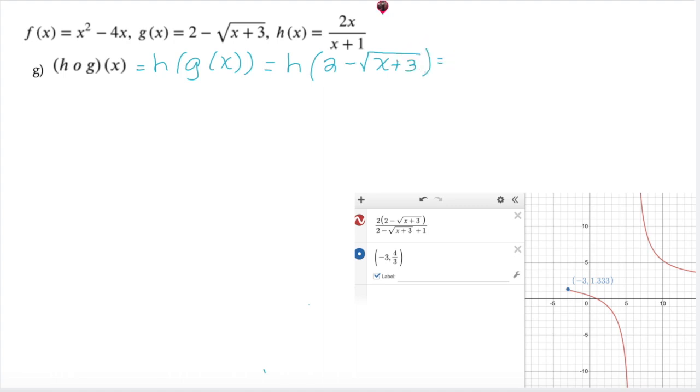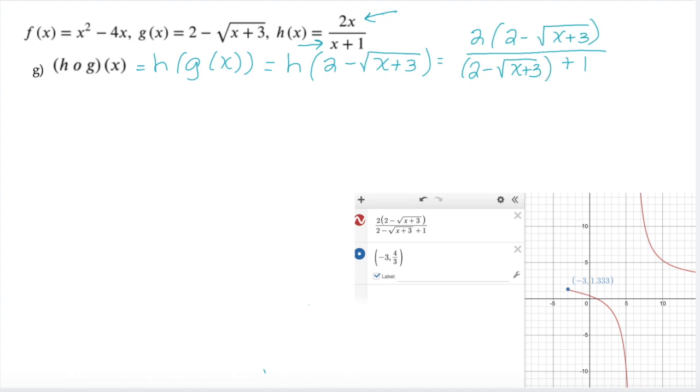So inside h, wherever we see x, we're going to substitute in 2 minus the square root of x plus 3. So we'll have 2 times 2 minus the square root of x plus 3 over 2 minus the square root of x plus 3 plus 1.